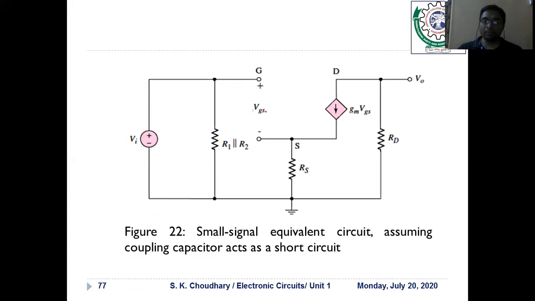As in the previous method, first draw the small signal equivalent circuit of the MOSFET. For this, draw the three terminals first: gate, drain, and source. One thing to remember is that our source is not directly connected to the ground. That's why some space has been kept between the source and this ground signal.